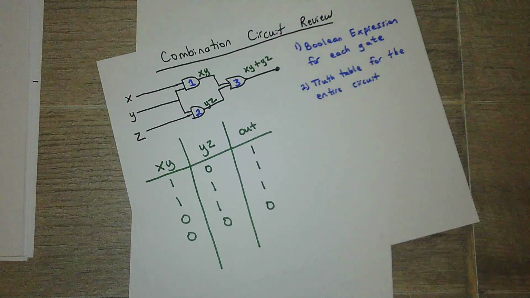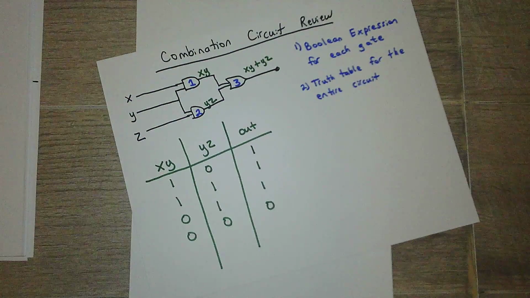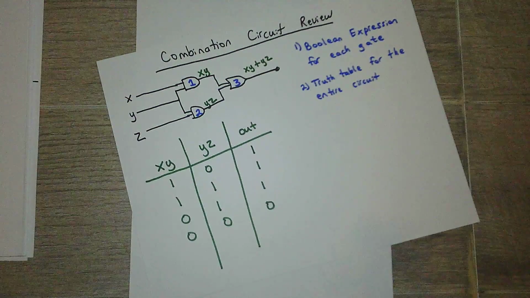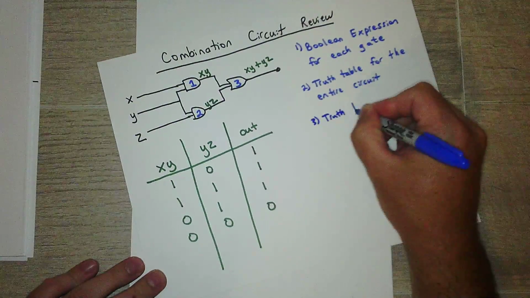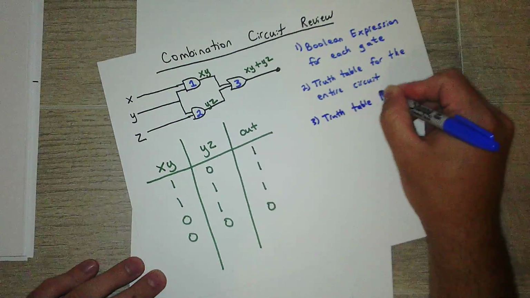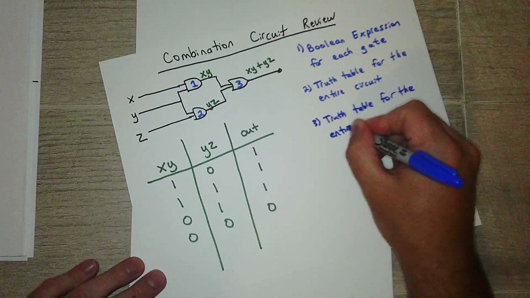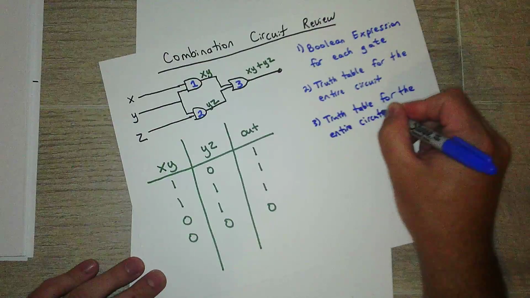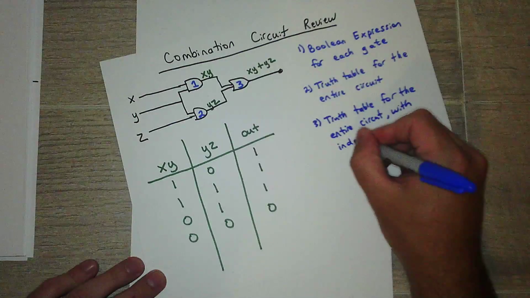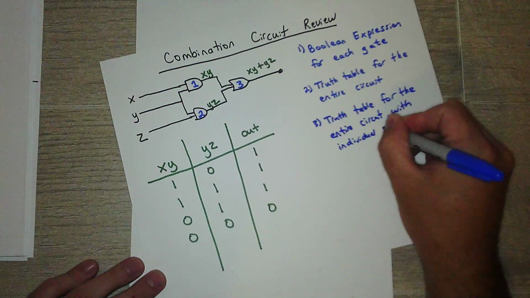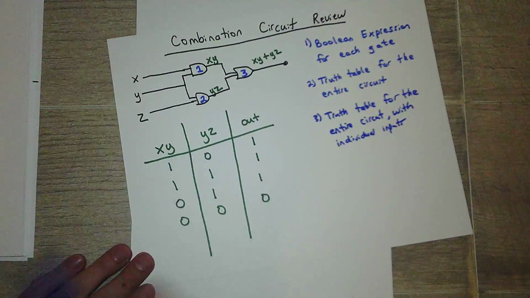Okay, now I wanted to show you something that you might see. A truth table for the entire circuit with individual inputs. All that means is we're just going to break these up.